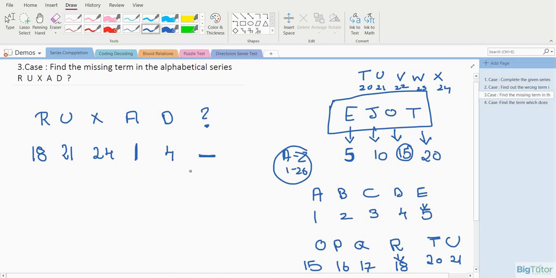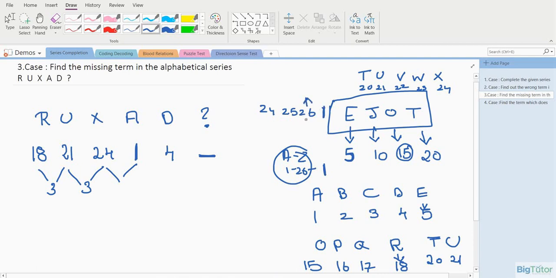By looking at the adjacent terms, we can easily see that the difference between them is 3. Here 18 plus 3 is 21, 21 plus 3 is 24, and then after 24, 25, 26 it is 1, because there are only 26 alphabets in English.